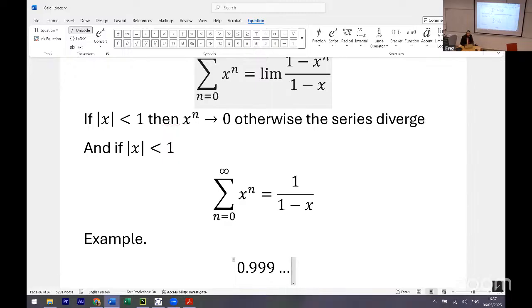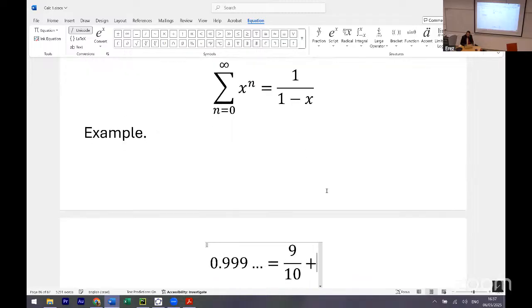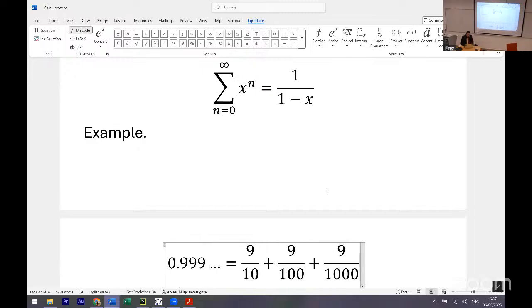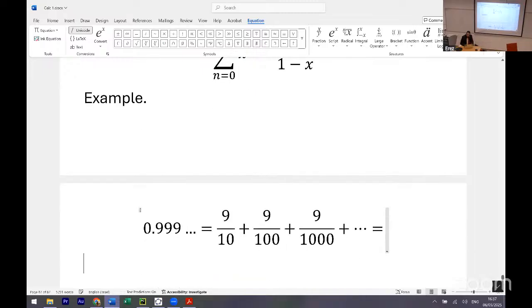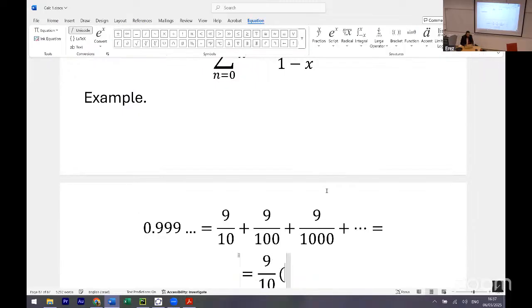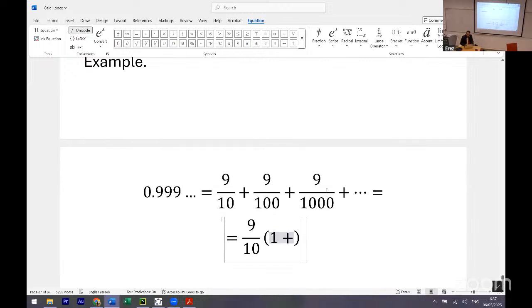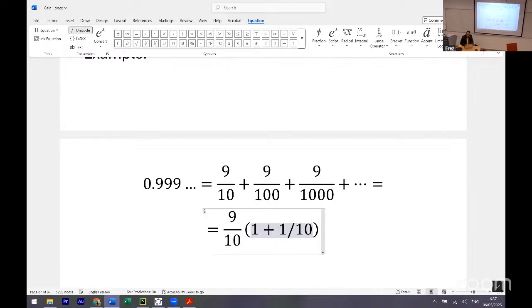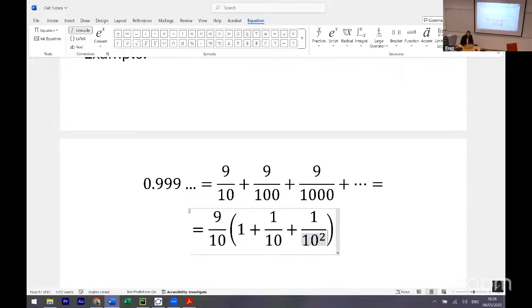We talked about it, but here I will give you a proof using the geometrical sum, because it's 9/10 plus 9/100 plus 9/1000 and so forth, which is 9/10 times 1 plus 1/10 plus 1/10 squared.